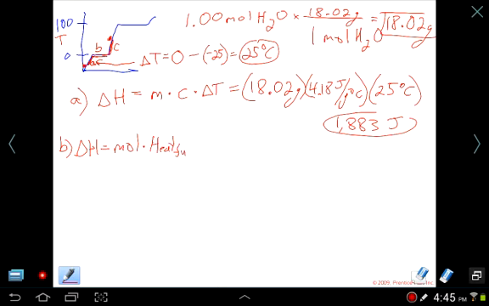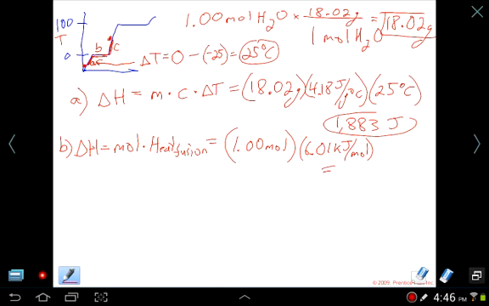In this case, we have exactly 1.0 moles of ice, and our heat of fusion of ice is given to us as 6.01 kilojoules per mole. So if we multiply these two numbers, you get 6.01 kilojoules.